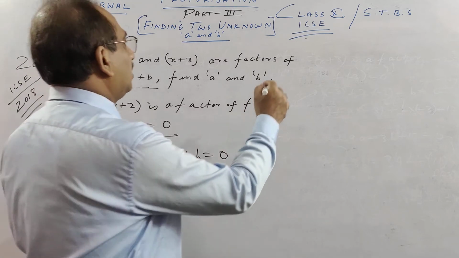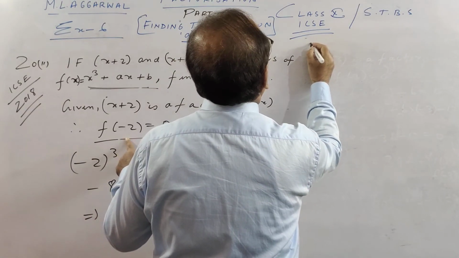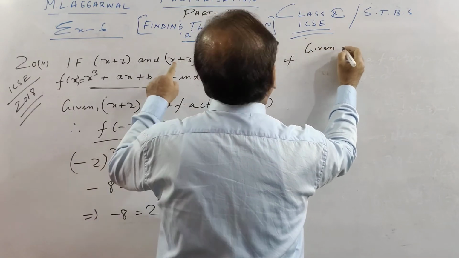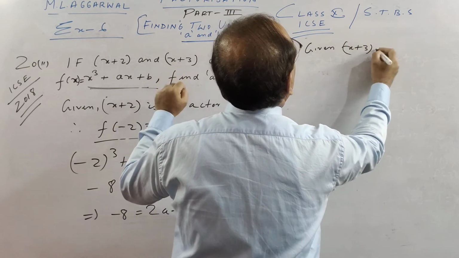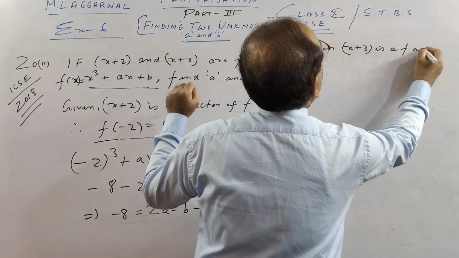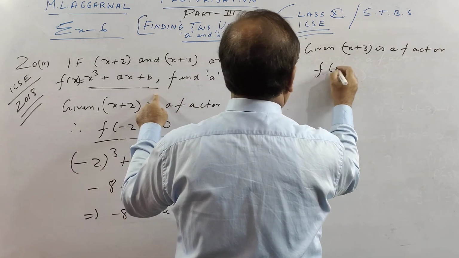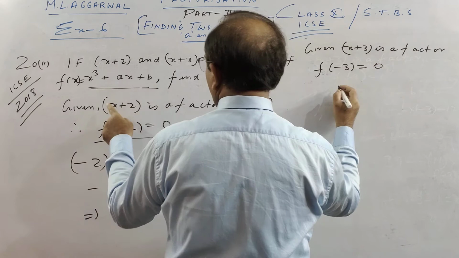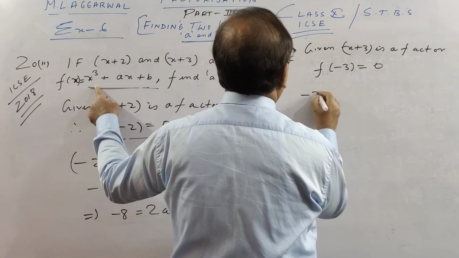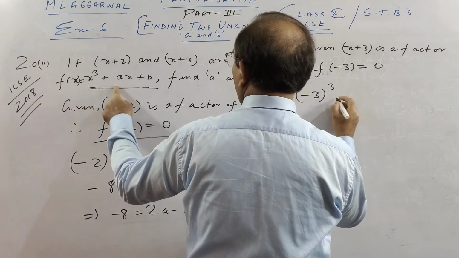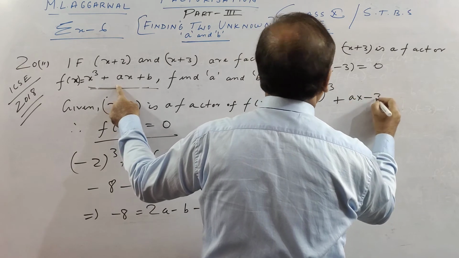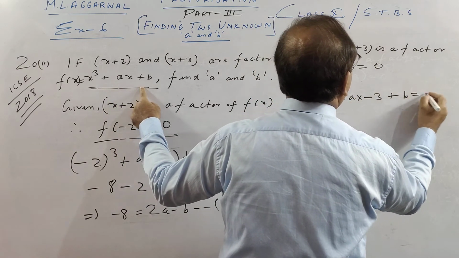So similarly here I can write, given x plus 3 is a factor of fx, therefore f of minus 3 is 0. So wherever x is there, children, I put minus 3 cubed plus a into minus 3 plus b is 0.